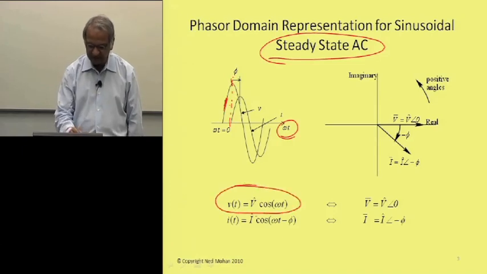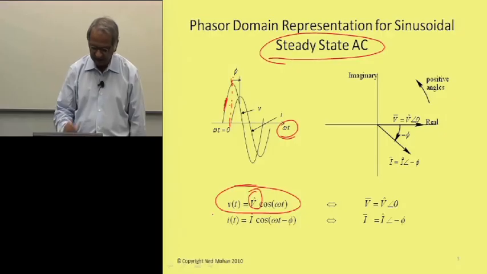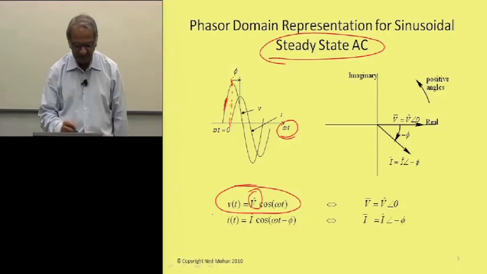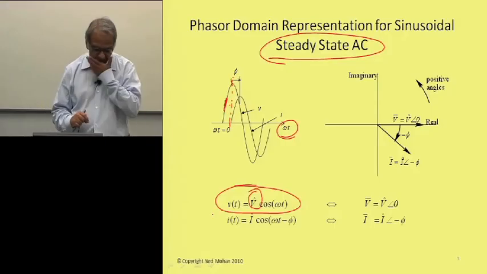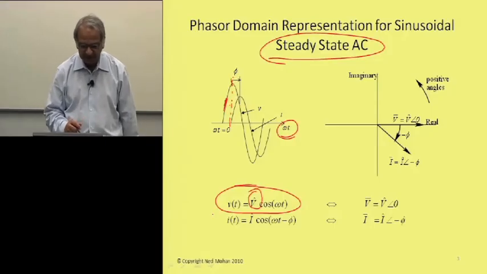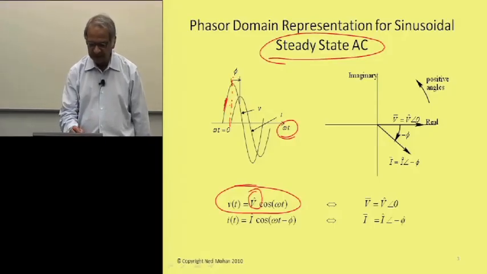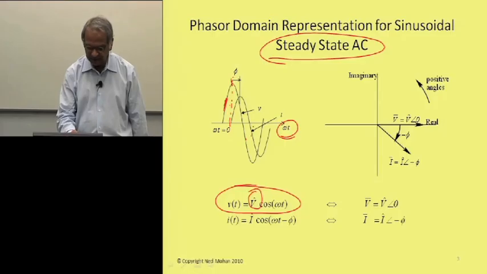It has some amplitude V hat cosine omega t, because of the way we defined our origin, omega t equal to 0. And then we see that the current, which is defined by this waveform over here, doesn't start up at this point here.